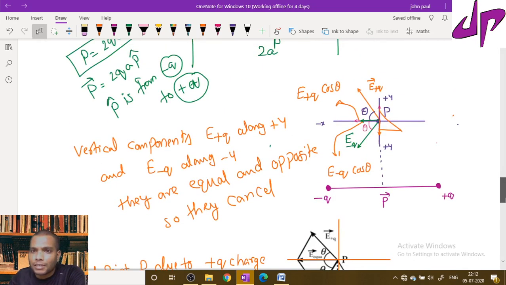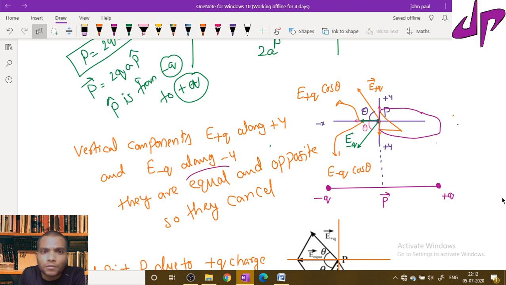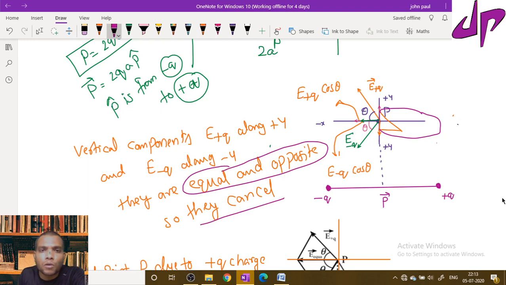So again see it here. These two electric field components, the one due to the positive charge and the one due to the negative charge, are equal and opposite. Those components become vertical components, and they cancel each other.